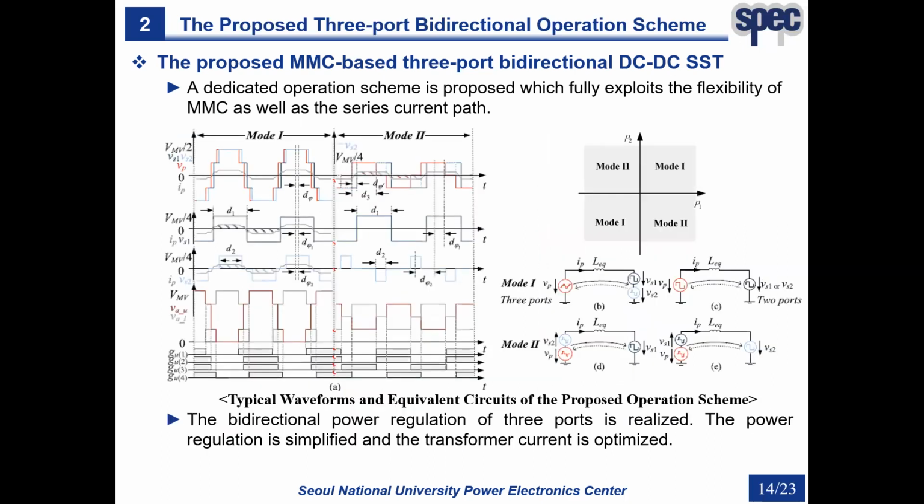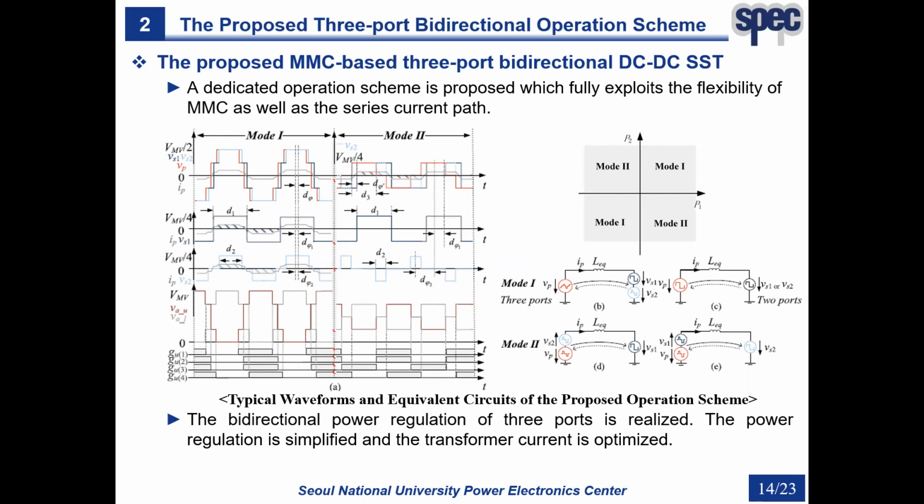In conclusion, in both modes, the total power flow between the primary and secondary sides is determined by the phase shift angle, and the power distribution at the same side is determined by duty cycles. In this way, the bidirectional power regulation of three ports is realized.